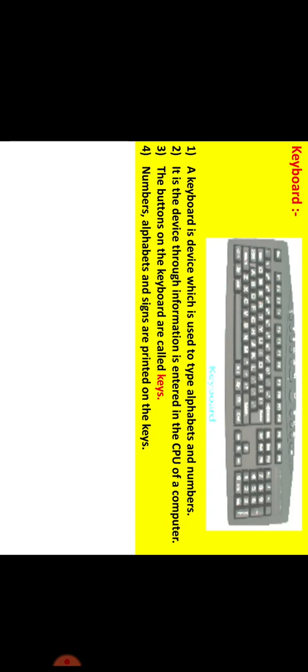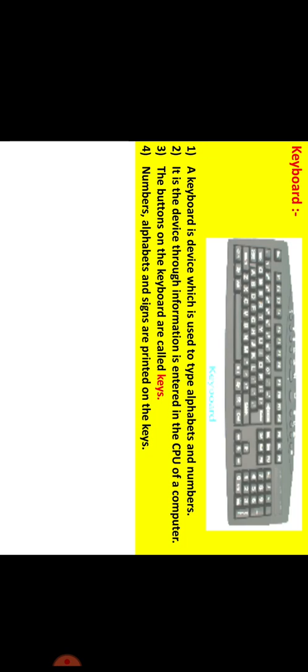Okay. Now next, numbers, alphabets and signs are printed on the keys. On those small buttons, numbers and alphabets are printed.